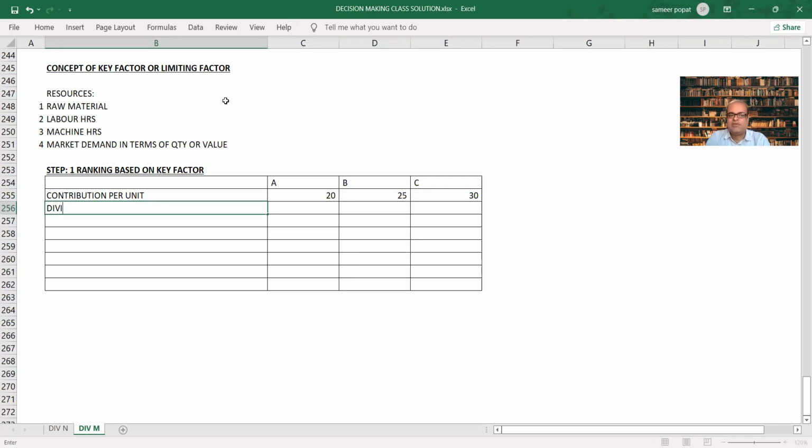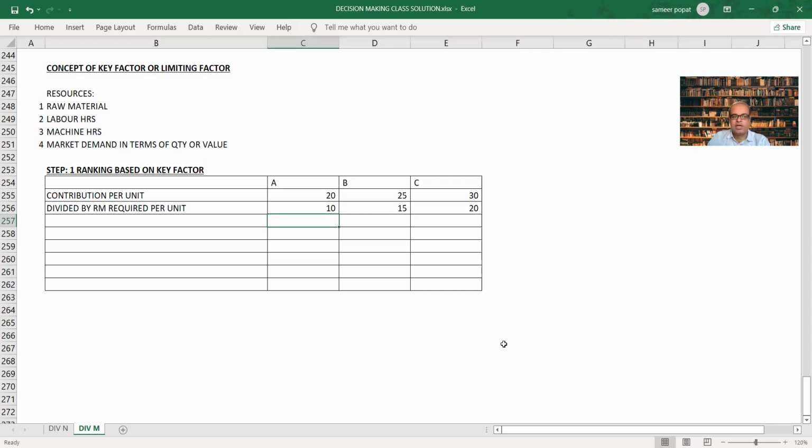Now we will divide these by the raw material required per unit. To manufacture 1 unit of finished product, the quantity of material required will be divided to get the contribution per kg of raw material. Let us assume that we require 10 kg, 15 kg, and 20 kg of raw material.